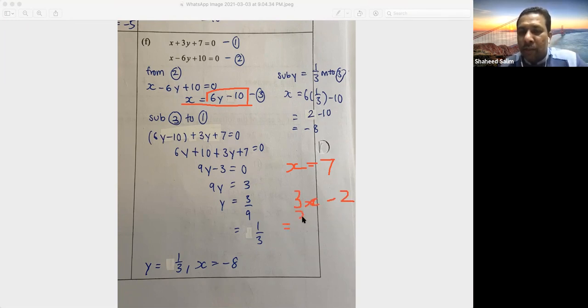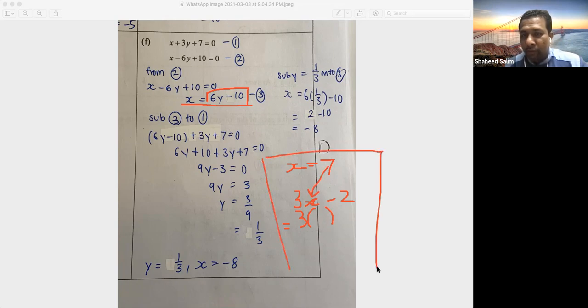Because substitution means to put in the value, to change the value of x to 7. Because x equals to 7, they ask you to put the value 7 inside. This is an example, okay? I'm not looking at this part on here. Don't be confused. I'm just giving an example of this thing that you have been doing since last year, even since P6. 3x minus 2, you put in the value of x, which is 7 here.